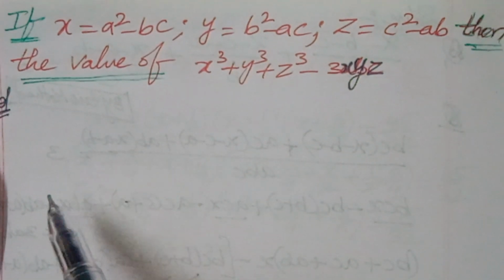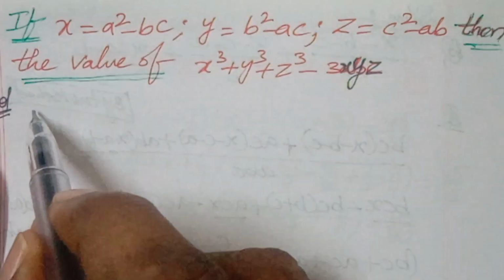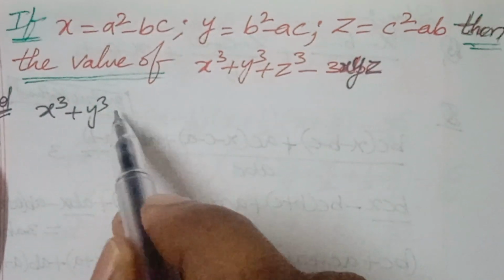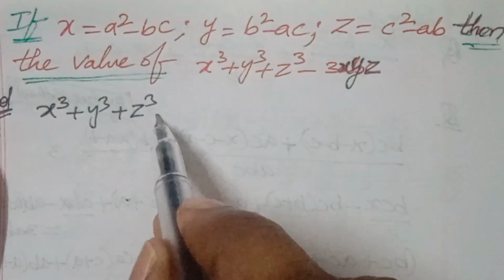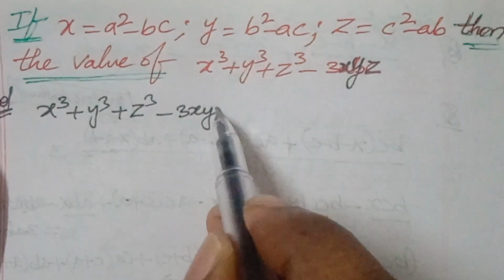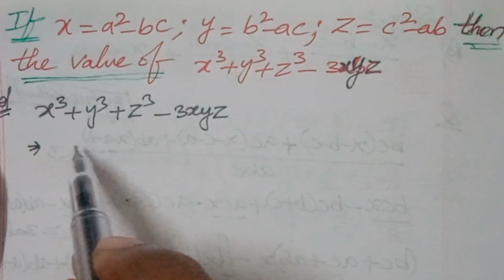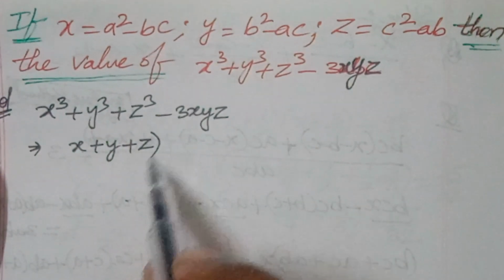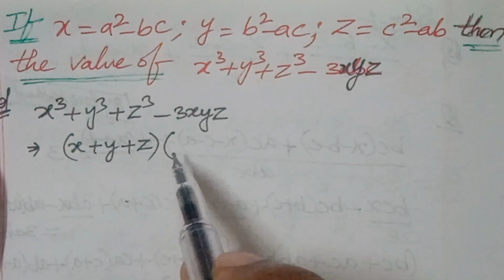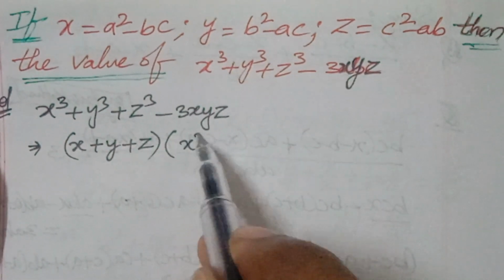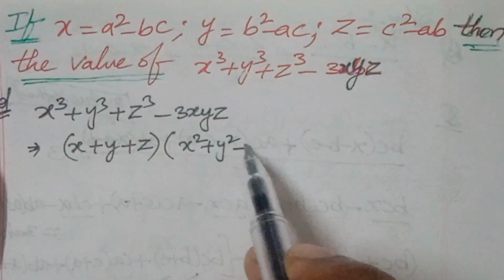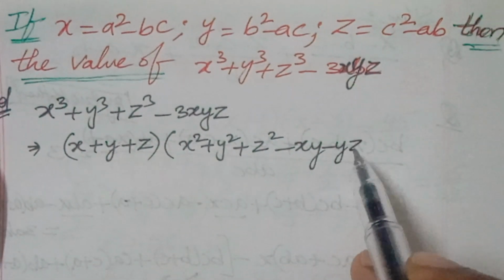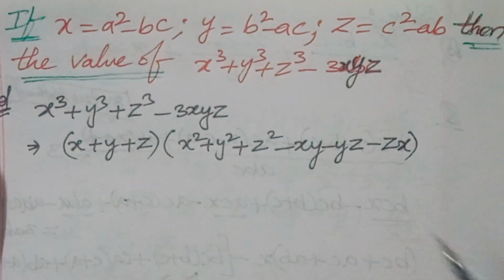Now let's solve the problem together. So here you have to find the value of x cube plus y cube plus z cube minus 3xyz. Already you know this formula. So x cube plus y cube plus z cube minus 3xyz is equal to x plus y plus z into x square plus y square plus z square minus xy minus yz minus zx.